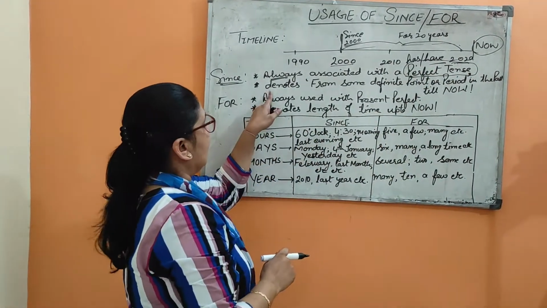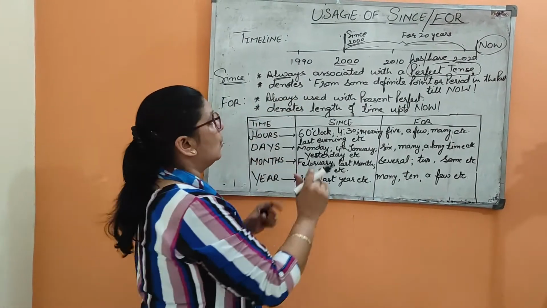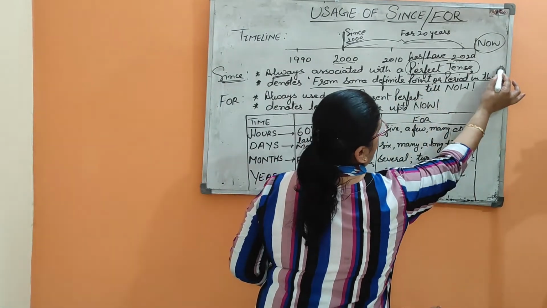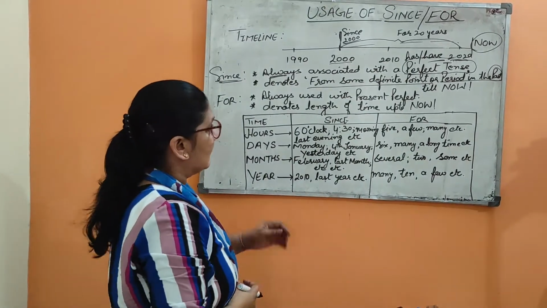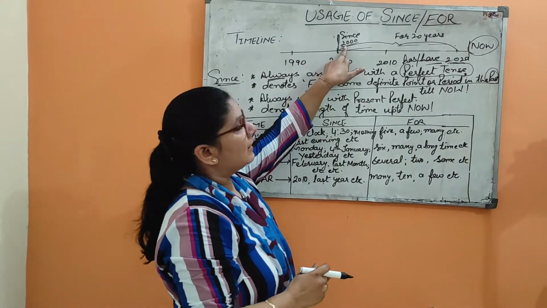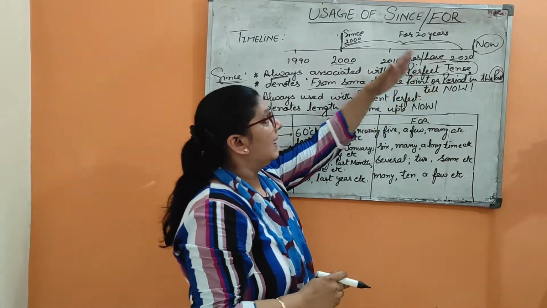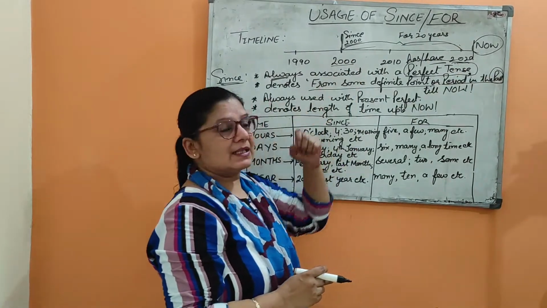Second, what does since denote? It shows from some definite point or period in the past. The same way I told you through this timeline. Some definite point means the year 2000. That is a definite point or period in the past, not now. This is now, this is past.